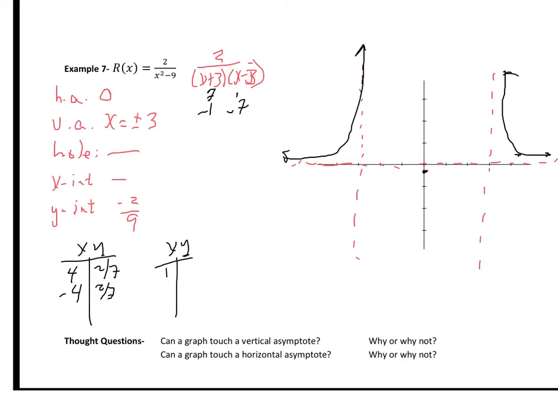So 1 plus 3 is 4. 1 minus 3 is negative 1, so I have 2 over 4 times negative 1, which gives me negative 1/2. So when x is 1, y is negative 1/2. So we're right here.